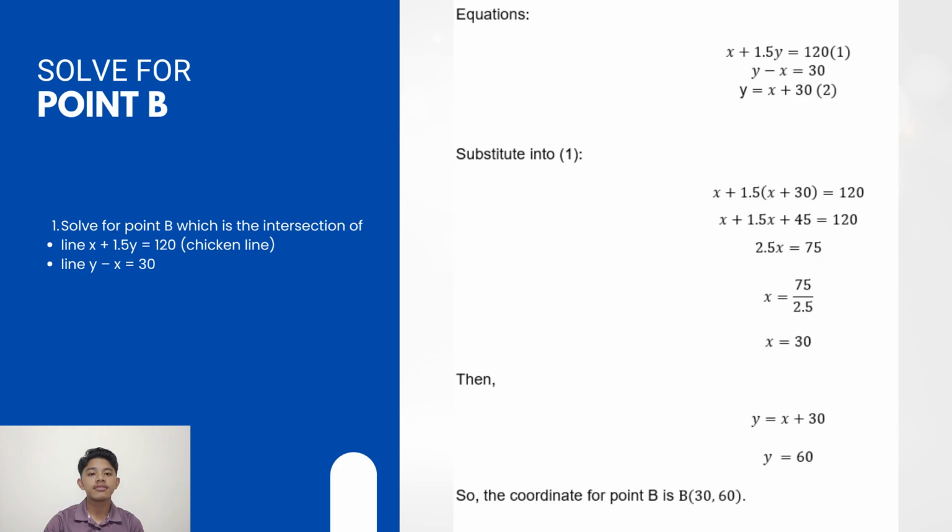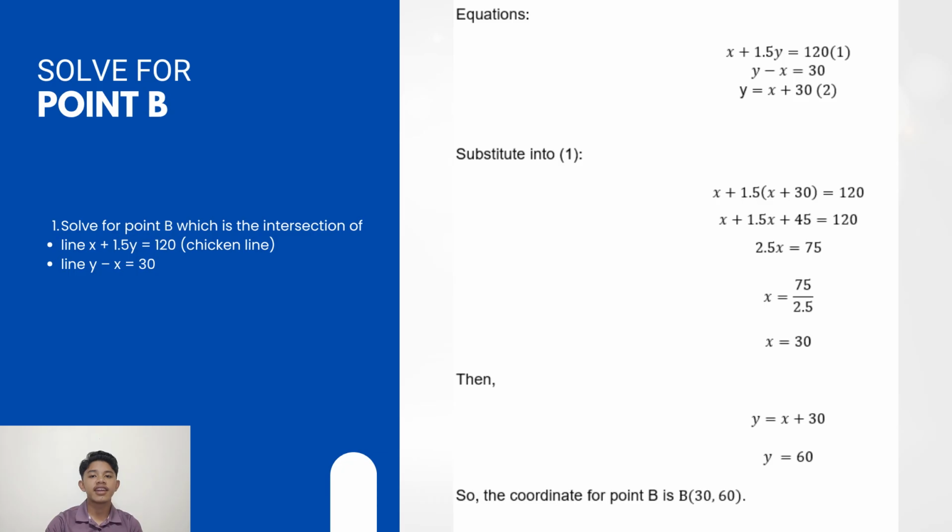The same as before, we rearrange our equation into y equal to x plus 30, which will be our second equation. So we substitute our second equation into the first equation, and we got x plus 1.5 and in bracket x plus 30 equal to 120.